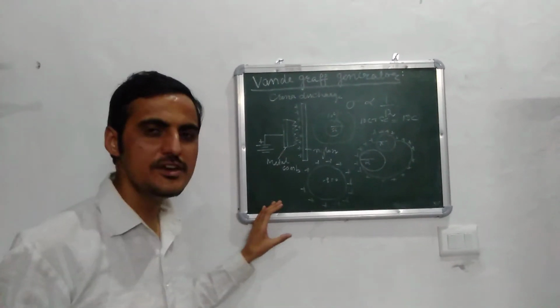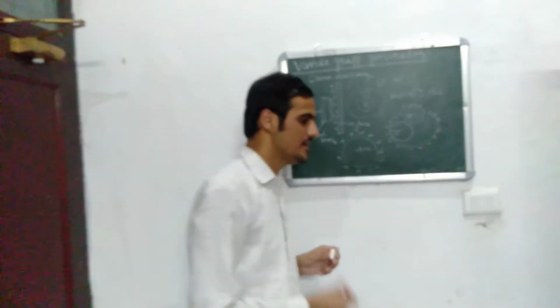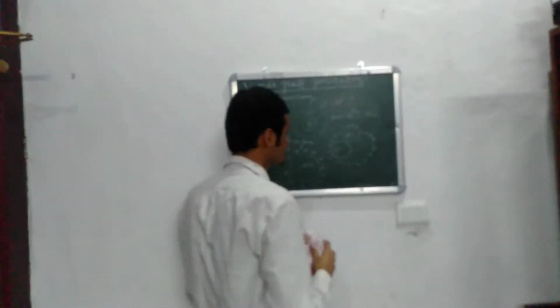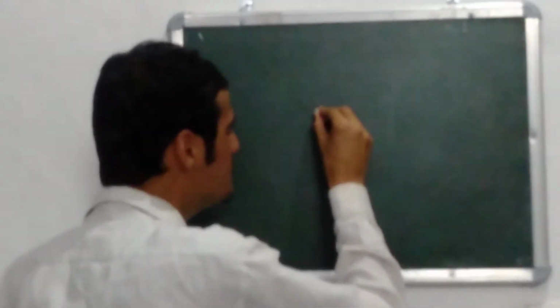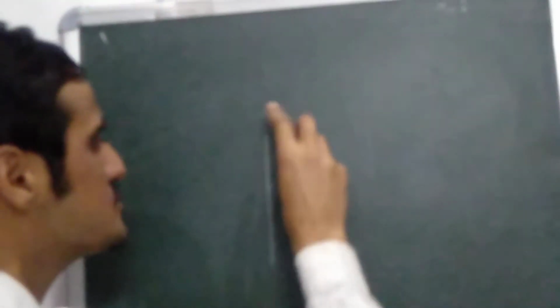Okay, now I am clearing everything with the help of the diagram of the Van de Graaff generator. We are considering an insulating stand.